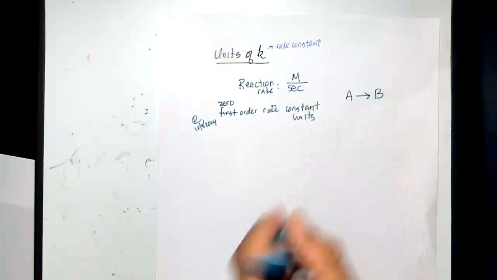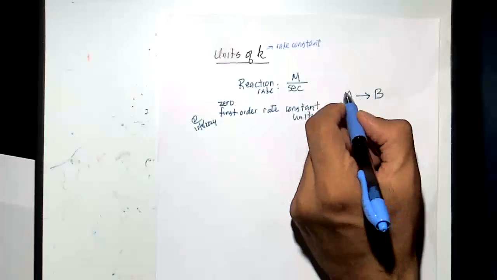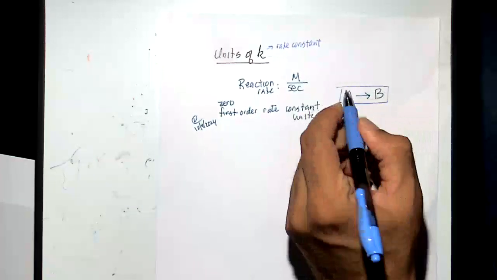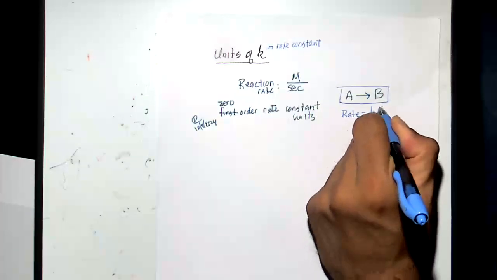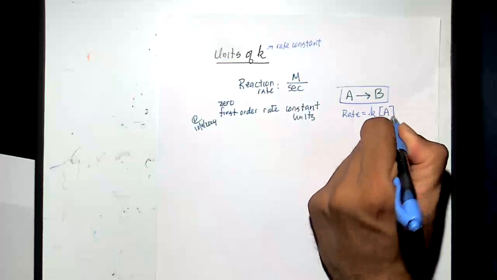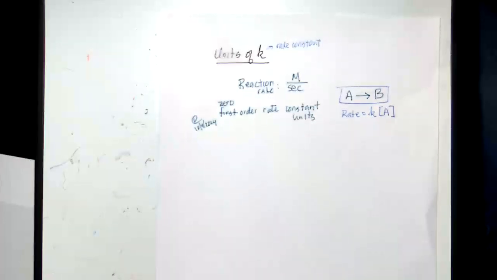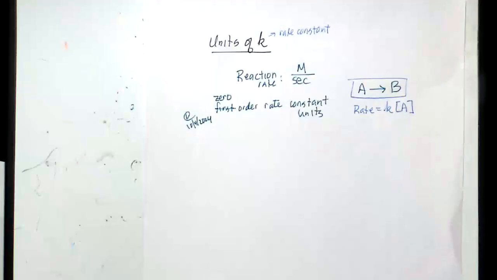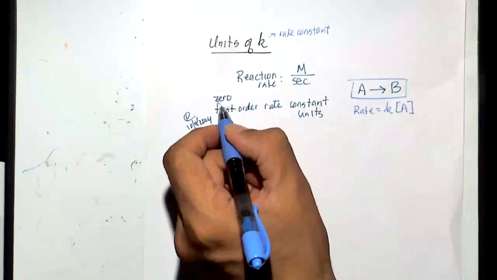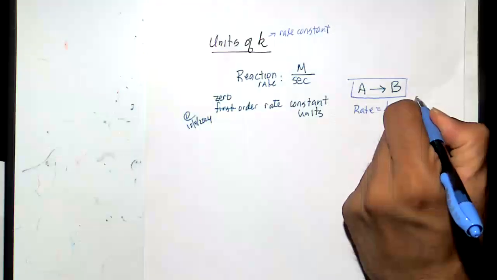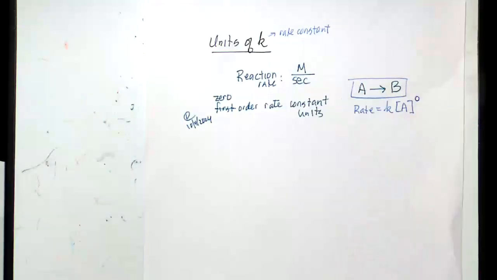So remember what our rate law is for a reaction of A goes to B. Rate is equal to K times the starting material. The starting material here is concentration of A raised to the power, the order. But let's say it's zero order. So what is anything to the power of 0? 1. Anything to the power of 0 is 1.